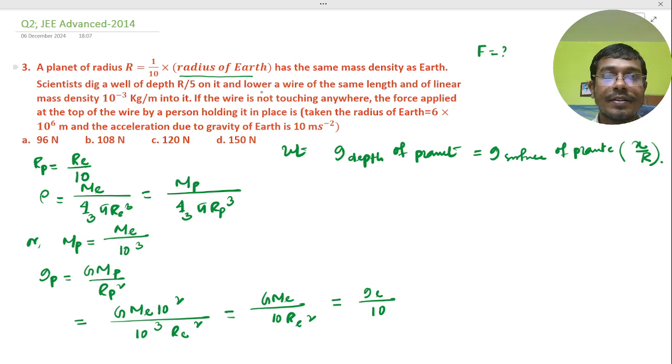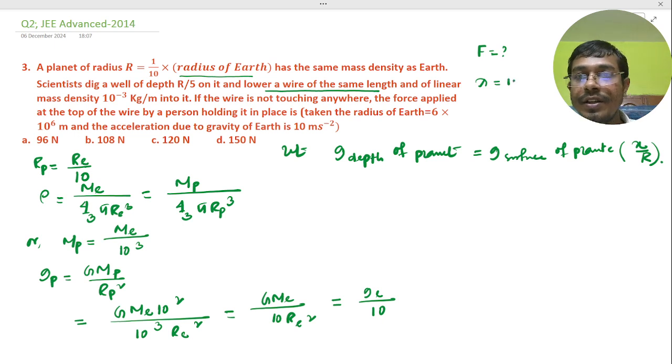Here it says a wire of the same length, and lambda is the mass density. Here the given lambda mass density is 10 to the power minus 3 kg per meter.